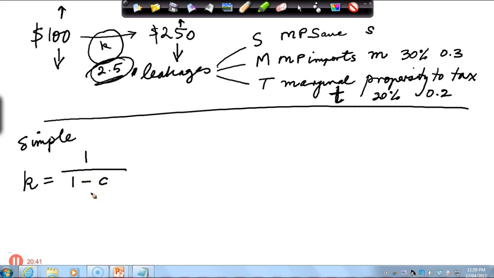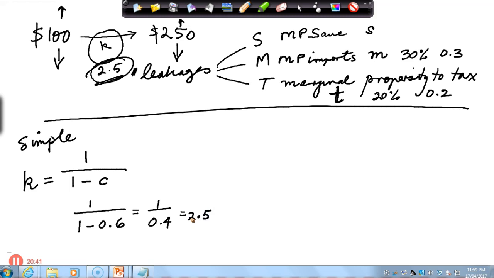Little c is the marginal propensity to consume. In our previous example, that was 60% of income. So that's 1 minus 0.6, which is 1 over 0.4, which is 2.5.